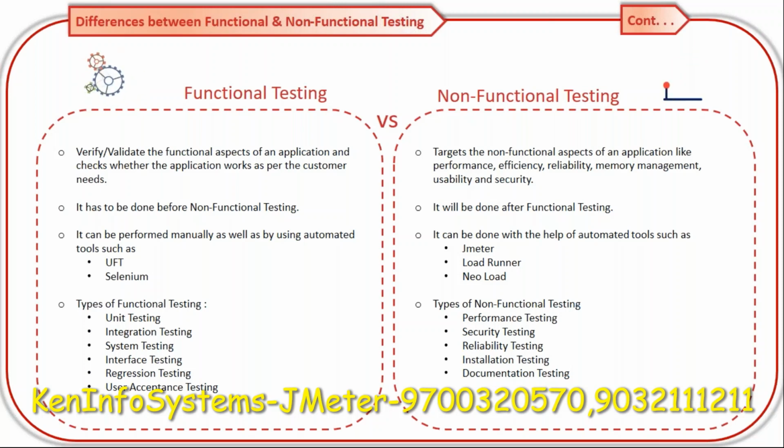When it comes to non-functional testing, it won't bother about the functional aspects. It purely concentrates on all the non-functional aspects like performance, security, user experience, stability, scalability, all this. Functional testing can be done both manually as well as with the help of automation tools.